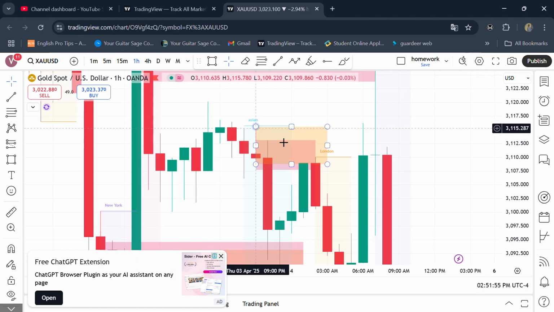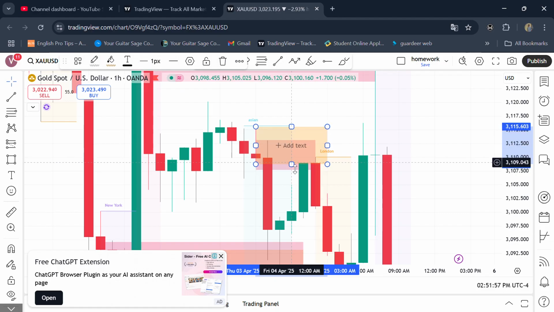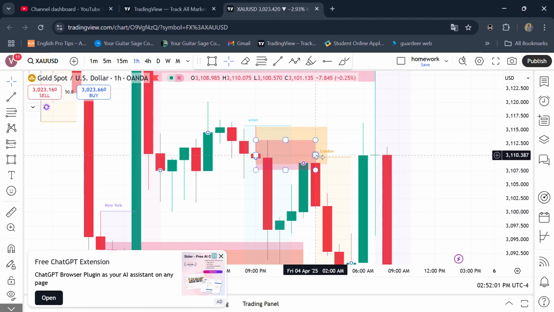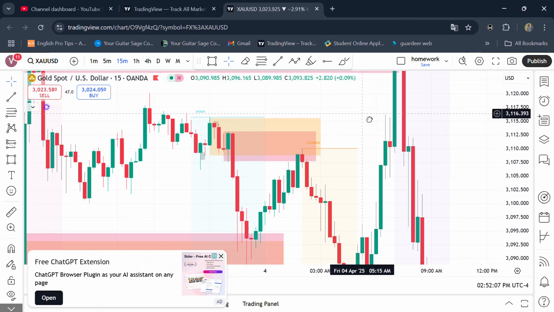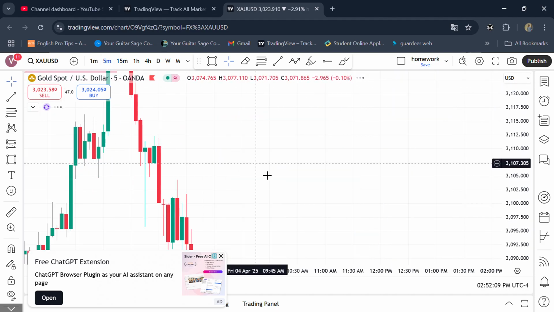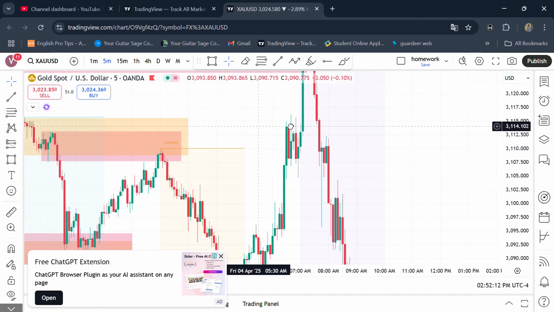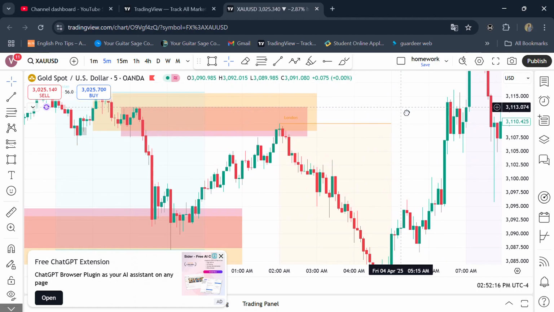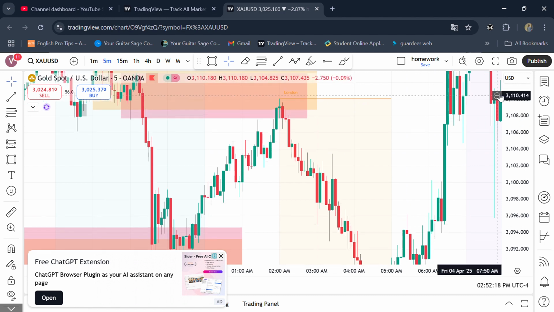There is a 1 hour POI, there is also a 15-minute POI, and it gets tapped right at the beginning of London session. We'll go to 15 minutes, 5 minutes, and we'll look for displacement.